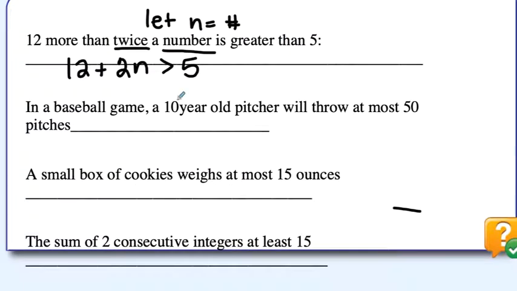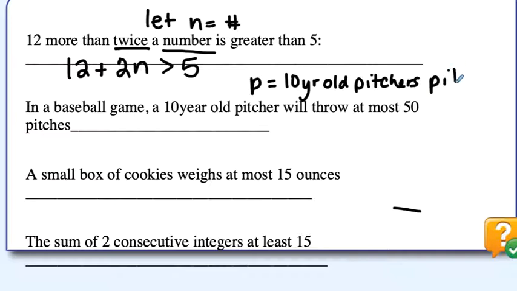In a baseball game, a 10-year-old pitcher will throw at most 50 pitches. Okay, so we're going to let P equal the 10-year-old pitcher. Pitchers, pitches. So I probably would have just called it number of pitches. So P will be at most, so less than or equal to 50 pitches.